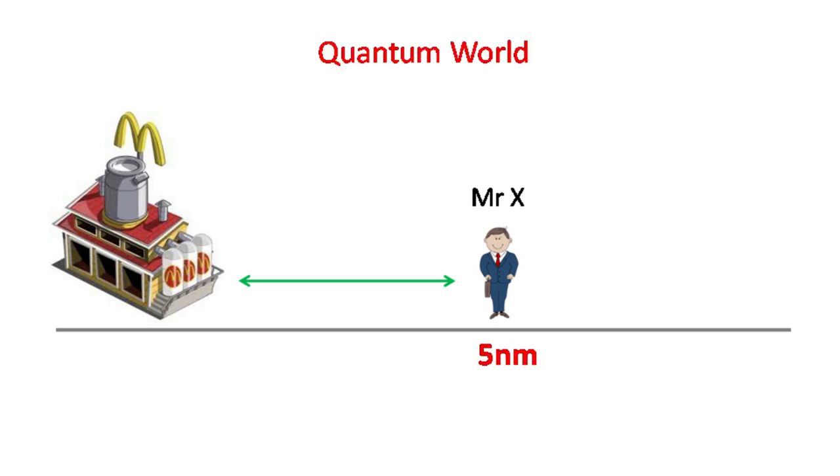Now let's assume that we are in a quantum world, and the dimension of everything around us is in nanometers. In this case, it's very difficult to say the exact position of Mr. X, because in quantum mechanics, every particle is located based on its probability.